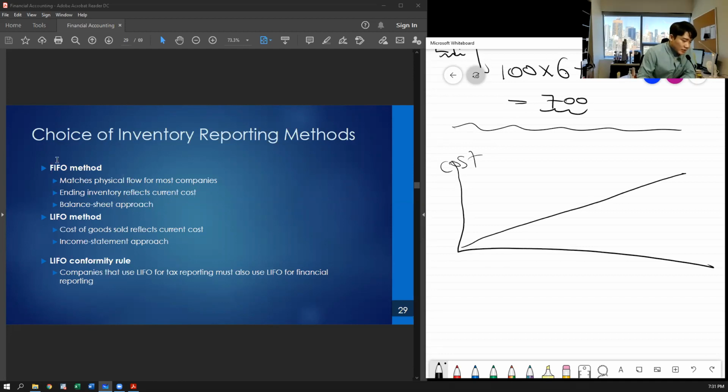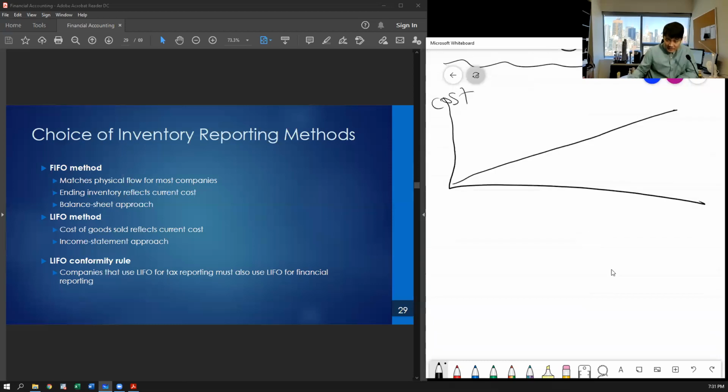If the company adopts this FIFO method, what that means is that the company is matching physical flow for most companies. I don't know whether you have actually gone to Walmart or Target, there will be shelves here. I don't know whether I can draw. Well, let me just roughly draw.